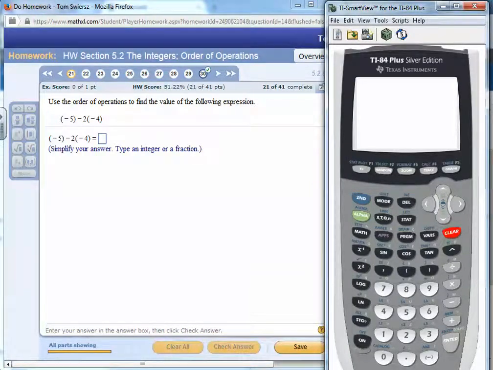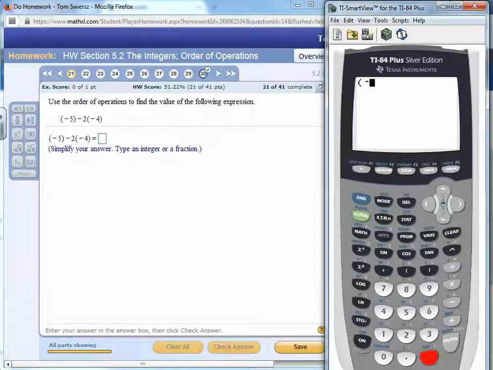Okay, now again, this one, be careful here. That's a -5. That's a subtraction because it's in between these two numbers. It's not in parentheses, and then that's 2 times a -4. So again, you can do this all in one step on your calculator. You have in parentheses, it's a -5, right?